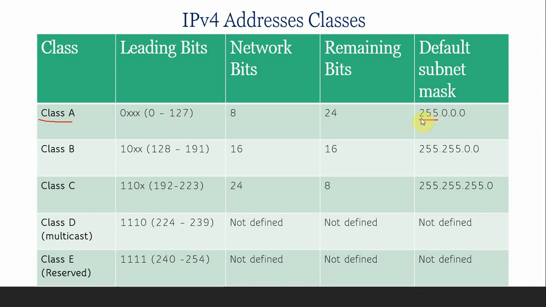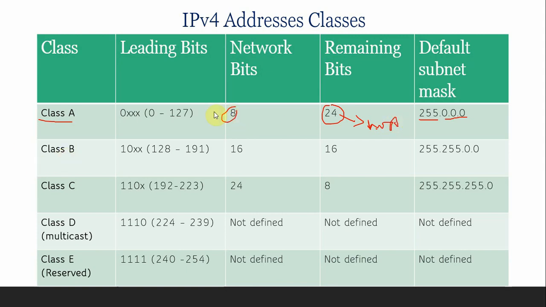So 255.0.0.0. That is the network bits for class A, and then the remaining three octets are turned off. The remaining bits are what is called the host bits. So this is the host bit, and this is the network bit.